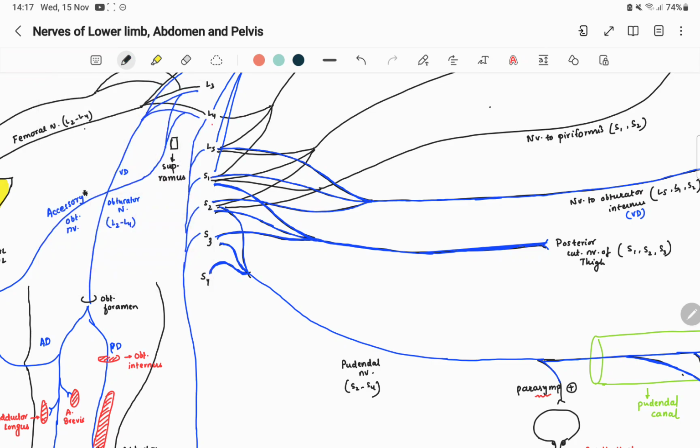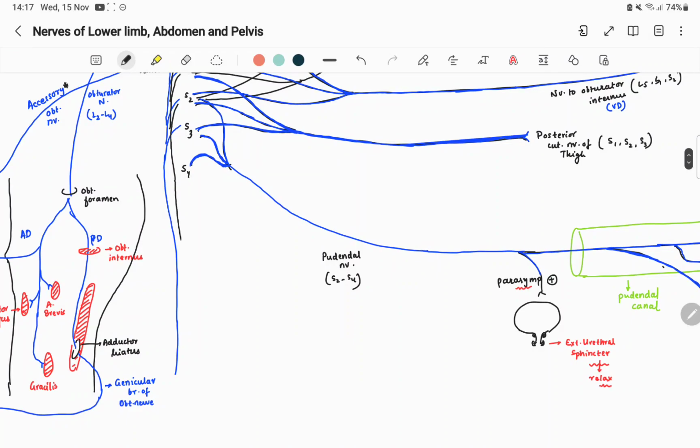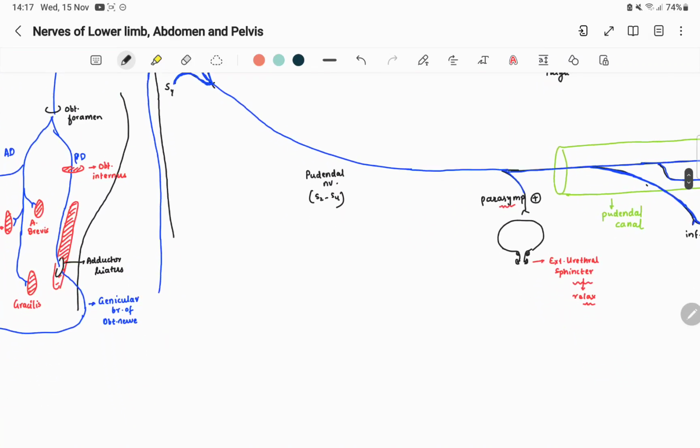And from the dorsal division of L4, L5, S1 and S2, not S3, arises the other part of the sciatic nerve, the common peroneal part.